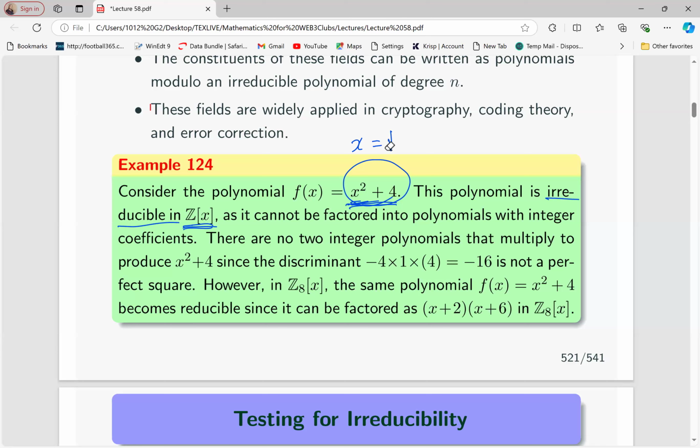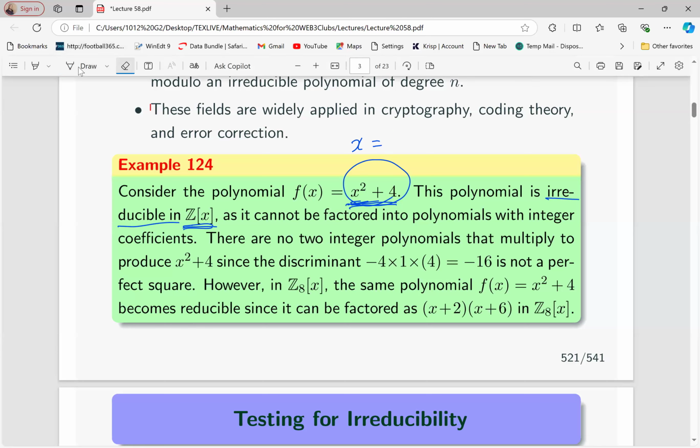In high school, we got the value of x as minus b plus or minus the square root of b squared minus 4ac, over 2a. Now this b squared minus 4ac is what we call the discriminant.